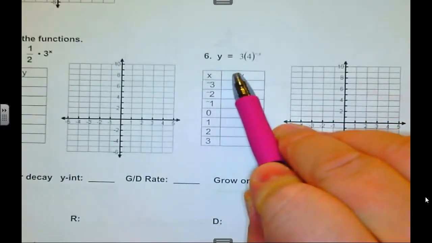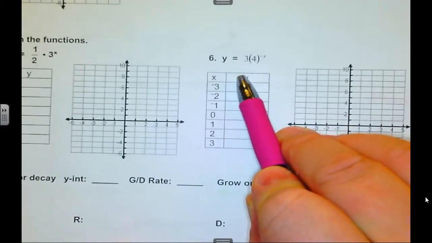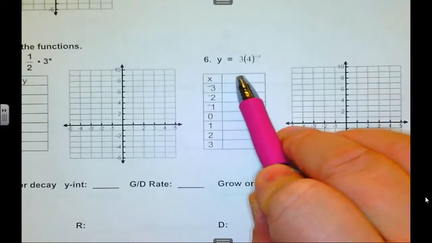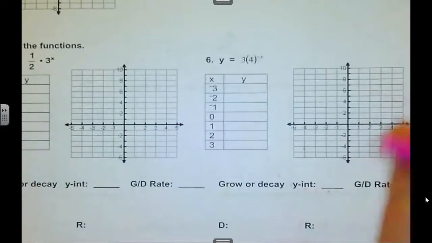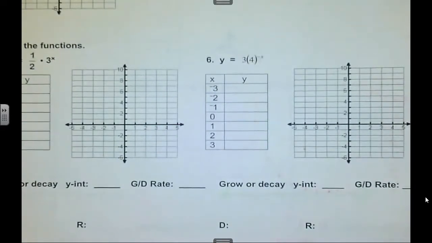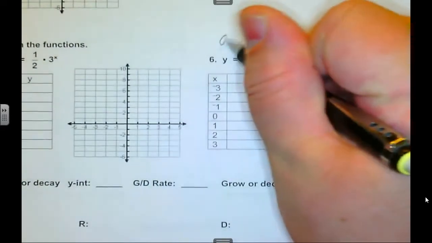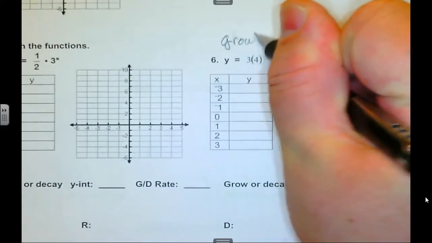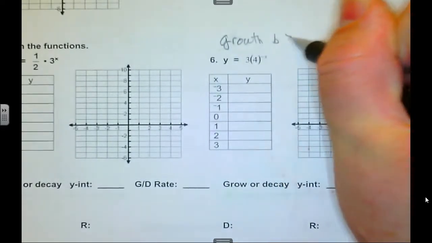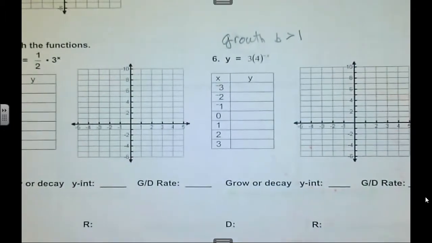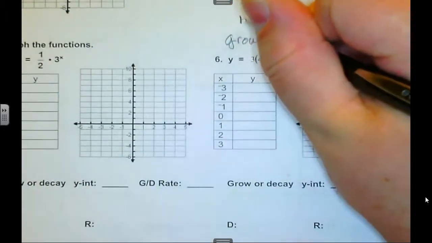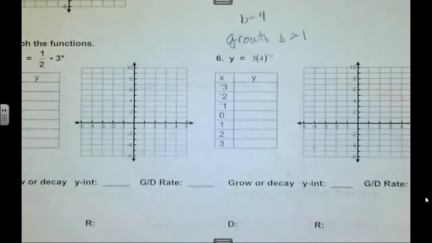Number 6, is this growth or decay? Why? So it's growth because b is greater than 1. What's my b? I disagree with you.